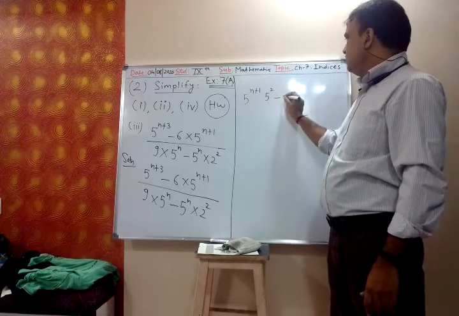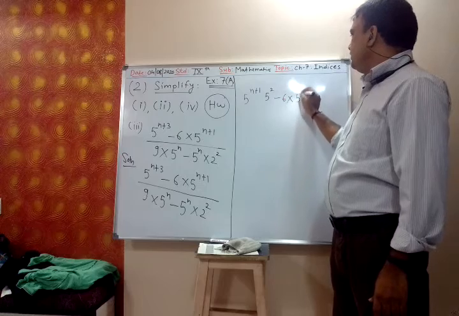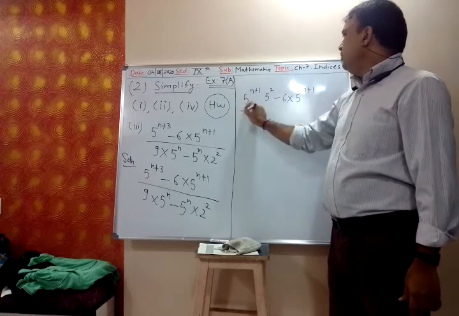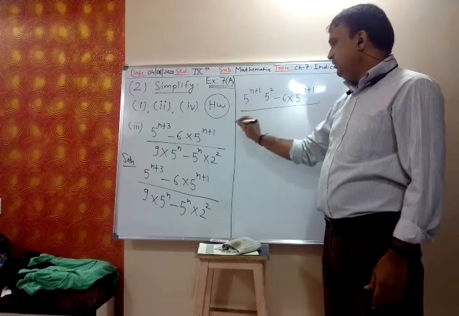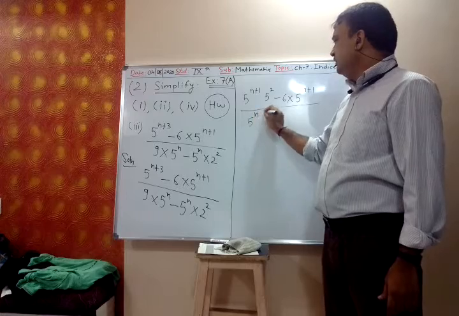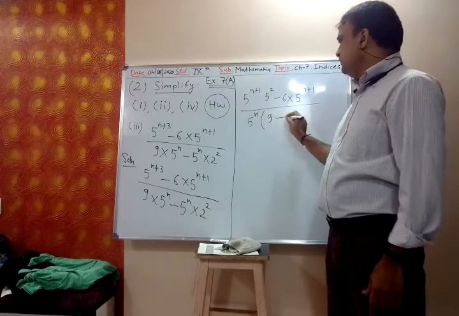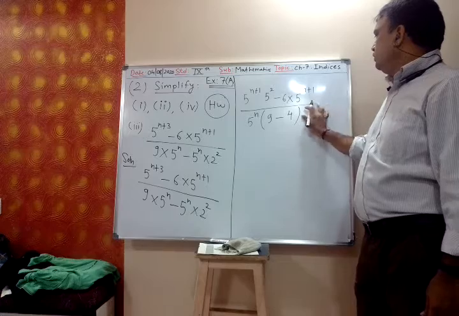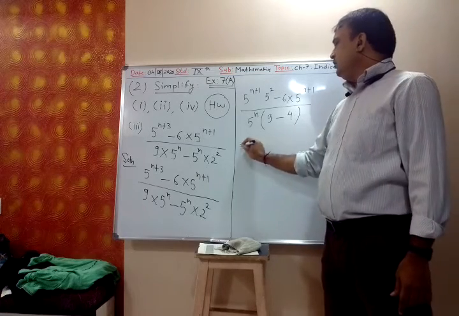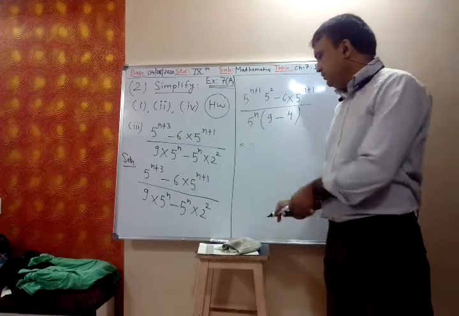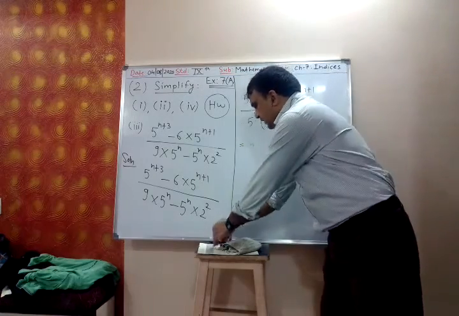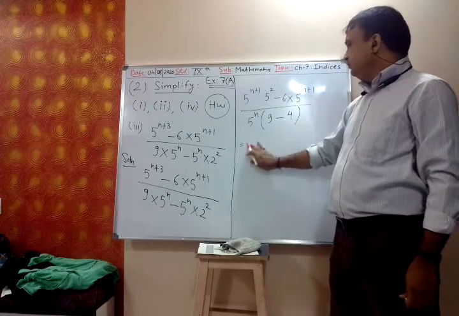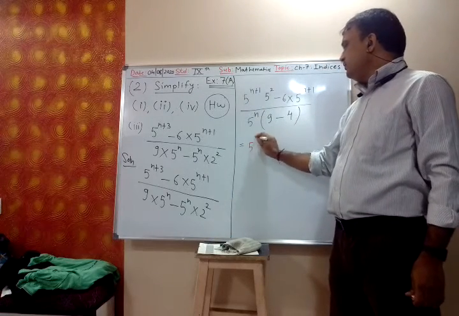Minus 6 into 5 raised to n plus 1 upon, I will take 5 raised to n common, then it is 9 minus 2 raised to 2, which is 4. Then from numerator I will take 5 raised to n plus 1 common.